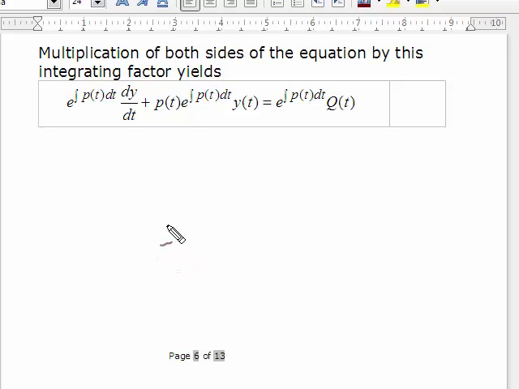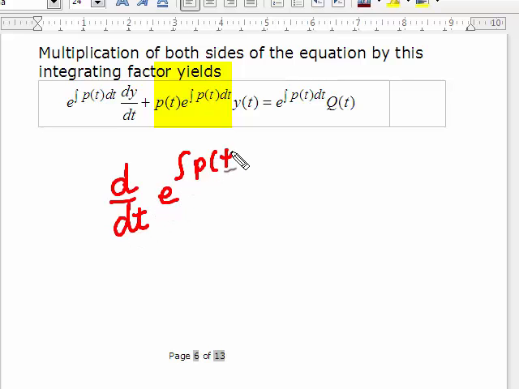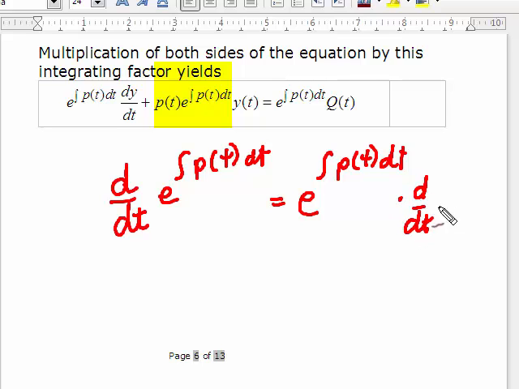Okay, now I want to look at this term right here, and I'm going to recognize that if I took the derivative of e to the integral of p of t dt, I would end up with, by the exponential rule and the chain rule, e to the integral of p of t dt times the derivative with respect to time of the integral of p of t dt.